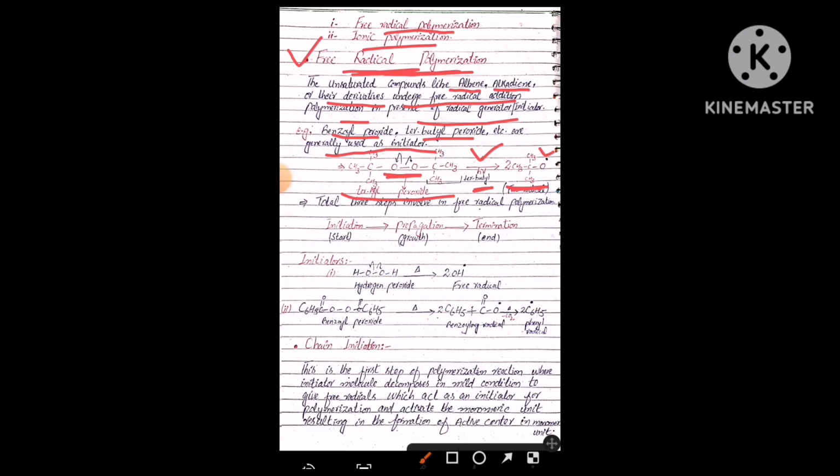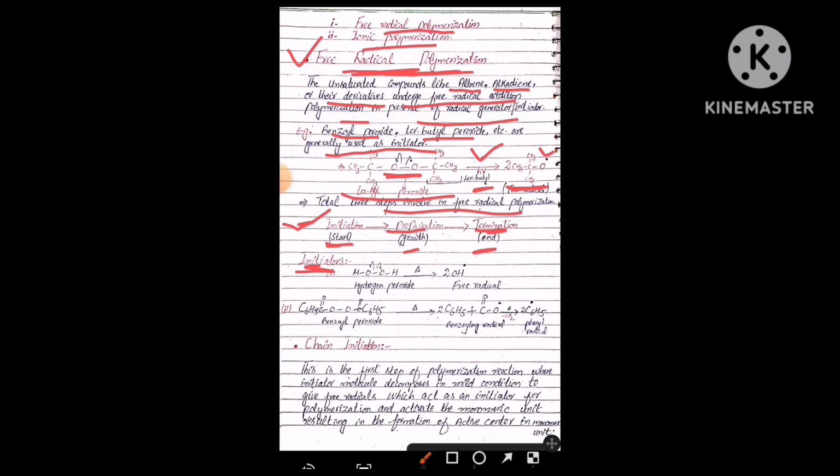So a total of three steps are involved in free radical polymerization. The steps are initiation, meaning start; propagation, meaning growth; and termination, standing for end. We will discuss each step one by one. Students, before proceeding to the first step, initiation, we have studied that we need an initiator.